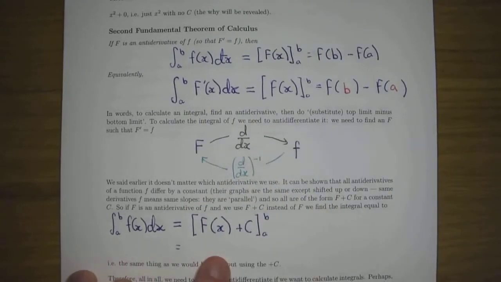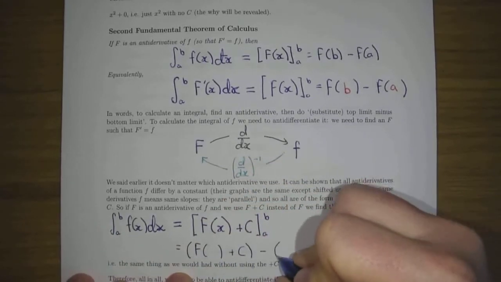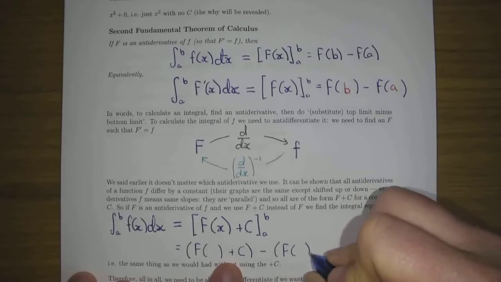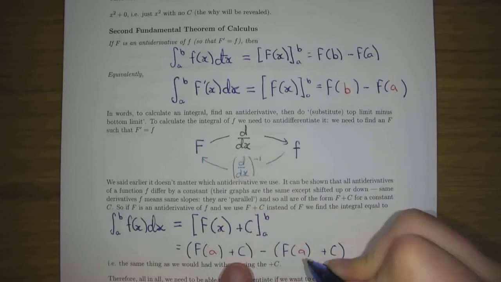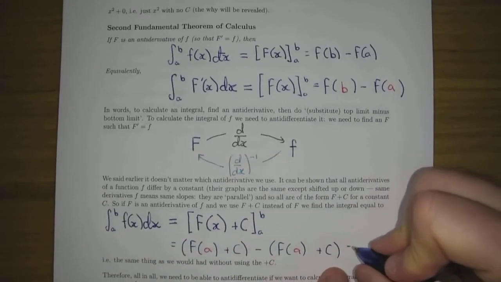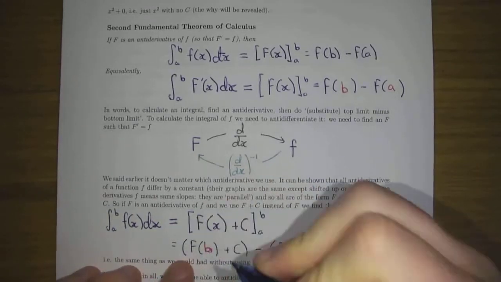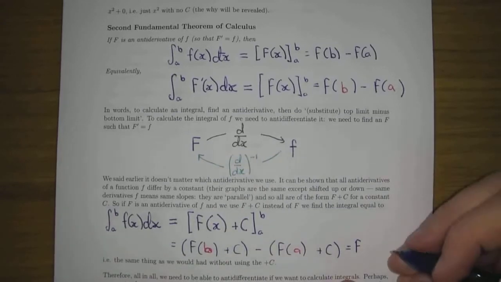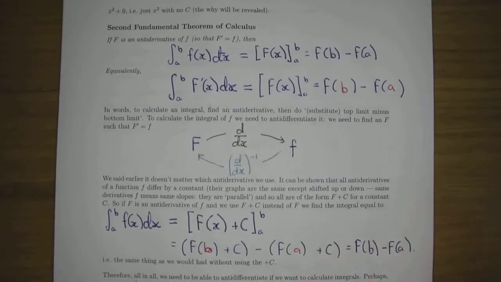You substitute top limit minus substitute bottom limit, and you end up with big F of b plus c minus big F of a plus c. And look what you get, c minus c is 0. You end up with the same thing as if you didn't include the constant of integration. So this is why you don't need to include the constant when you're integrating.